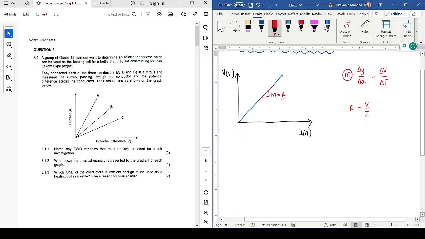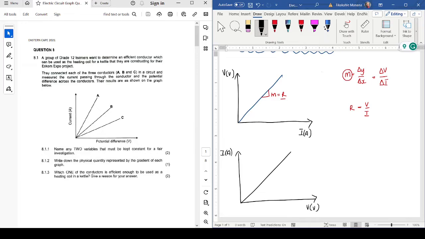What if the current and the voltage were to be swapped? Still going to do the same thing. You have your current measured in amperes, voltage measured in volts, and you still have the same positively linear graph.